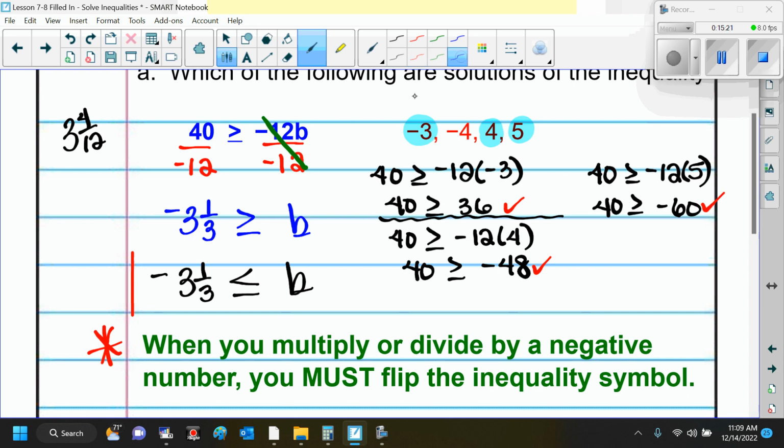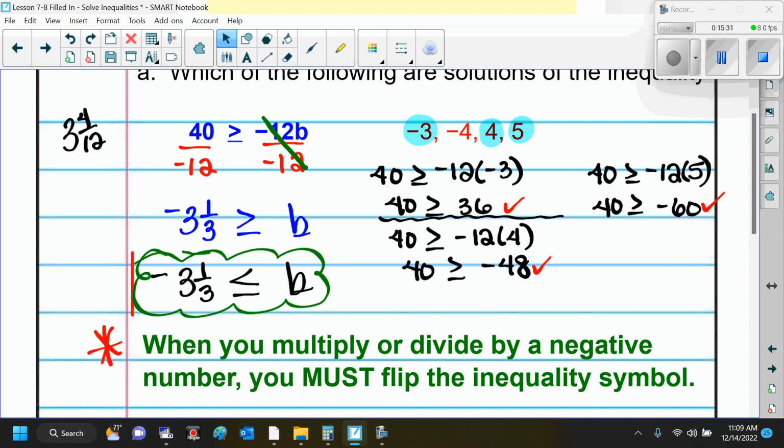Is everybody clear? So this is your answer, okay? And remember, when you are reading an inequality, you're going to read it with the variable coming first. So you're going to read this, b is greater than negative 3 1/3.